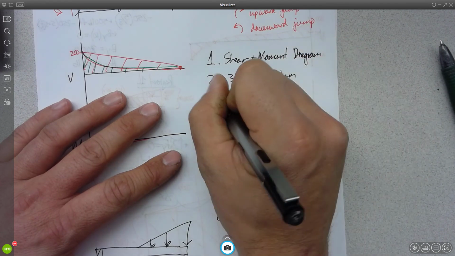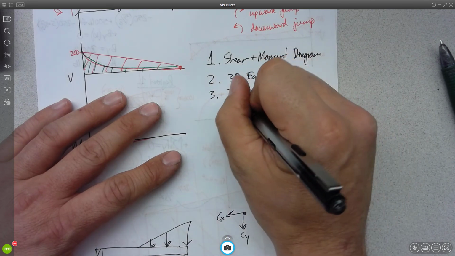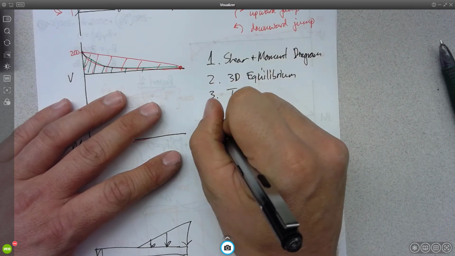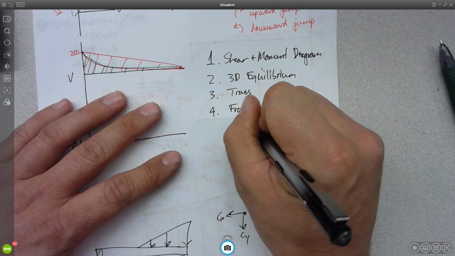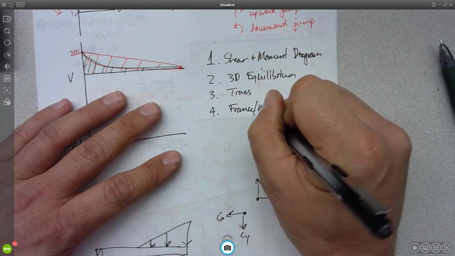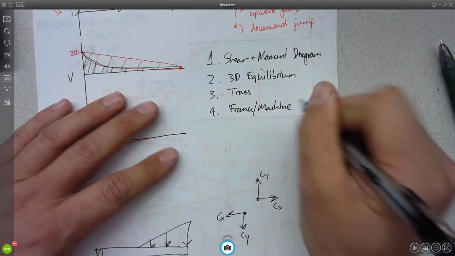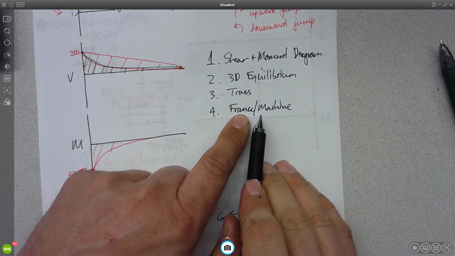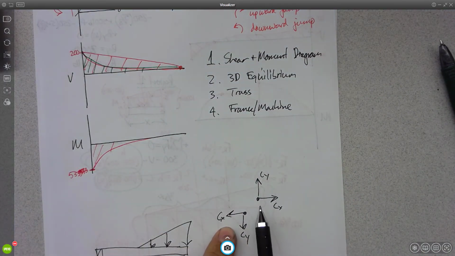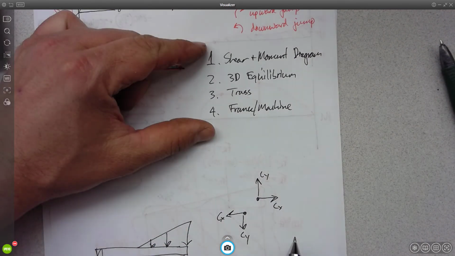You'll have one problem that's a truss, and you'll have one problem that's a frame or a machine. Remember that for frames and machines, to solve them you have to take them apart, and at the joints you make sure the forces go in opposite directions. So there are your 4 problems for the exam.